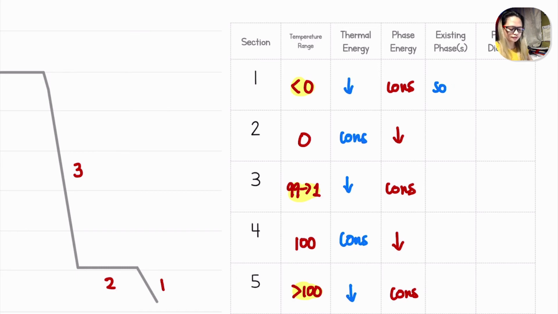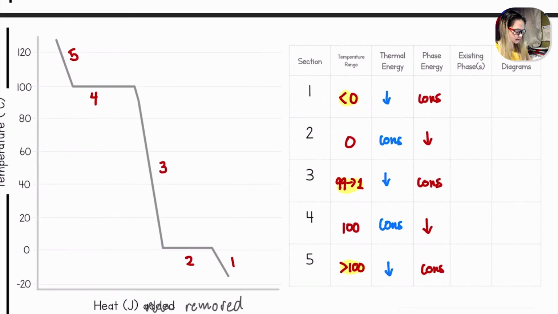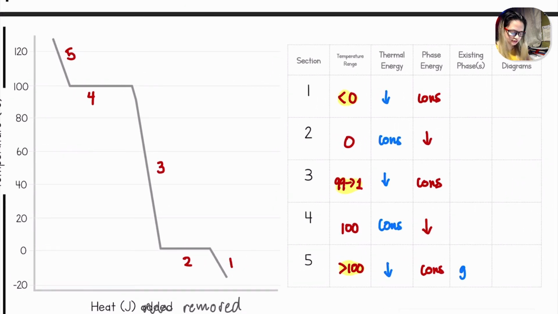Actually, let's go backwards because that's how we drew it in there. So 5 are all gases. So this is liquid and gas. This is just liquid. This is just liquid and solid. And then finally, there is going to be our solid in here.